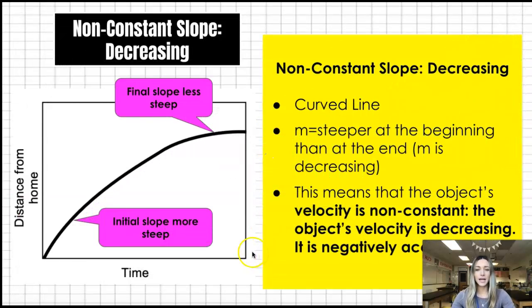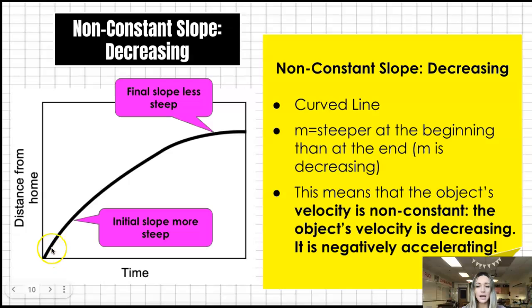On the other hand, I can see a non-constant slope, which is decreasing. Of course, I know if the slope is non-constant, it will be a curved line. In this case, I will have a steeper slope at the beginning to a less steep slope at the end. This tells me that the object's velocity is non-constant, but that it is decreasing.